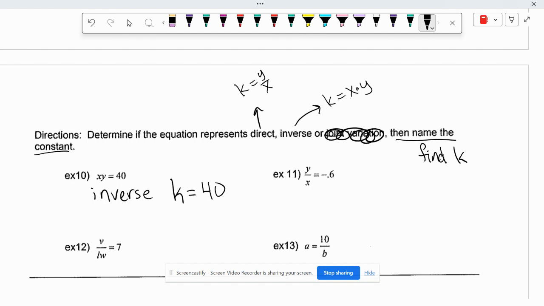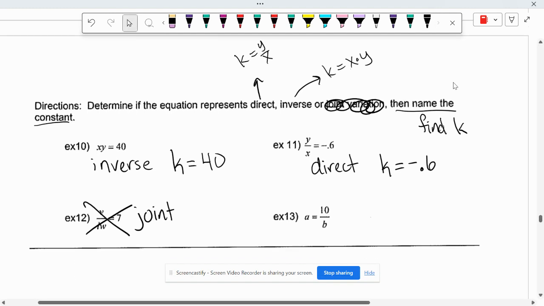What kind of variation is that? It's direct. What is the constant of variation? Just negative 0.6, yeah. Example number 12 is joint variation. We're not going to do that. What about example number 13?